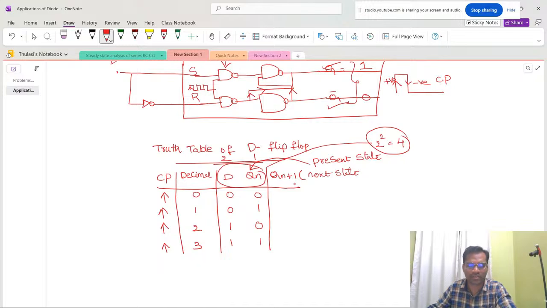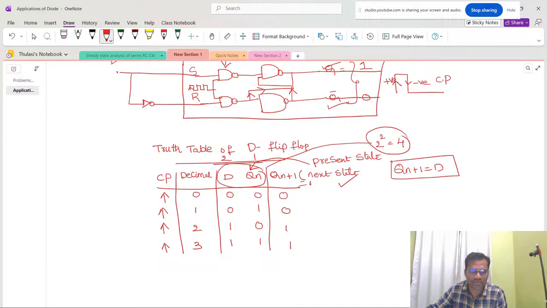What is the output? Later I will derive how we get Qn plus 1 is equal to D. For the time being, to get the output, let us estimate the next state Qn plus 1 is equal to D. So whatever the value of D is, the same will be duplicated here: 0 0 1 1.